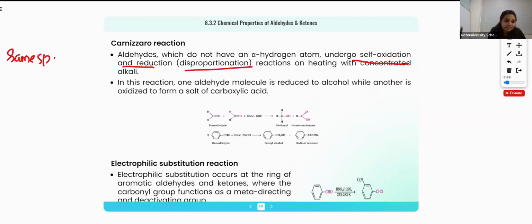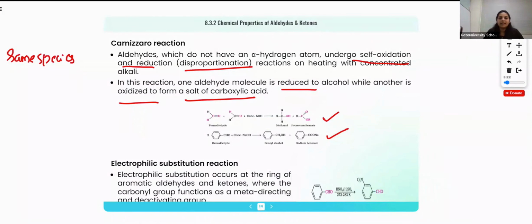One aldehyde molecule is reduced to alcohol, another is oxidized to the salt of the carboxylic acid. That is called a Cannizzaro reaction. Memorize the reaction, no need to study the mechanism.